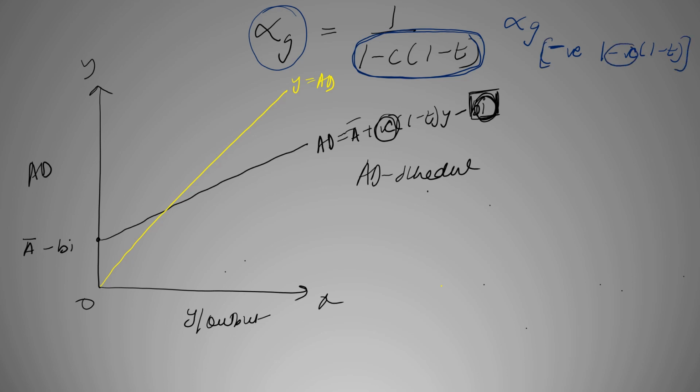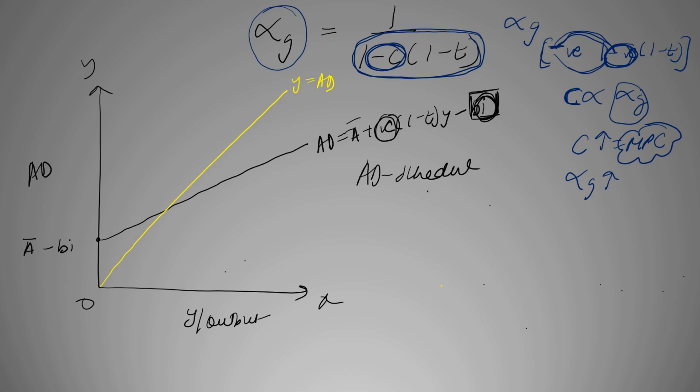Additionally, this C has another negative relation, see, it's subtracted over here. Okay, so these negatives cancel each other and this C becomes positively related to your multiplier, which means an increase in C will lead to an increase in multiplier, and this C is basically your MPC, marginal propensity to consume, right?